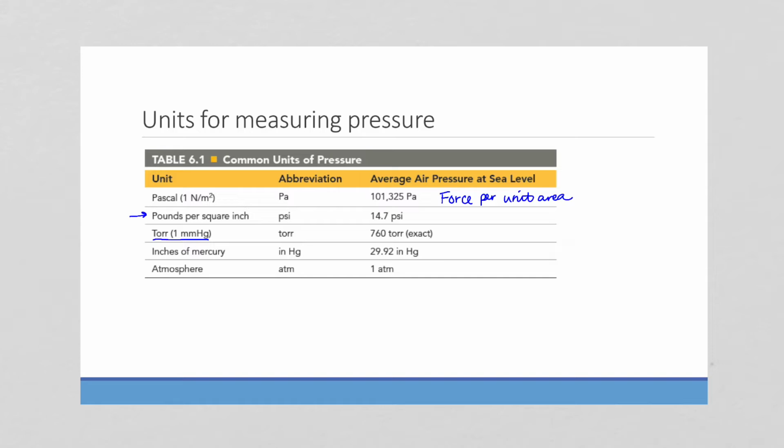And we'll talk about millimeters of mercury in a little bit. And then inches of mercury, how many inches of mercury are raised by the pressure. And finally, atmosphere. Atmosphere is a unit that is derived because it is the average air pressure at sea level, and we have defined it as 1 atmosphere.